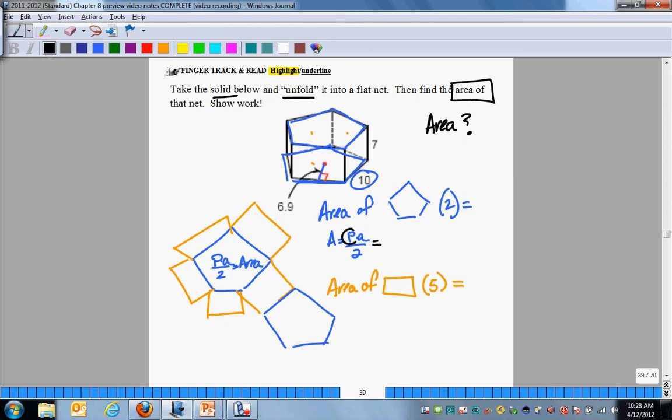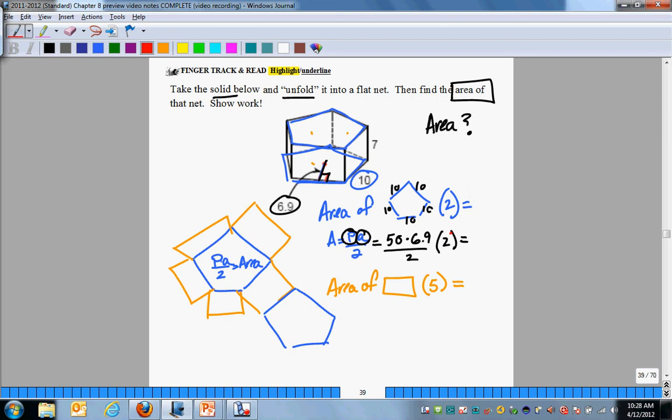Perimeter is 10 times 5, which is 50, times apothem. Physically trace the apothem, pick it up, times 6.9. It's going to be over 2. And then we're going to times by 2, because we have 2 of them.